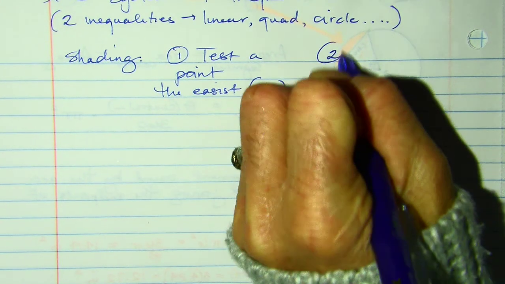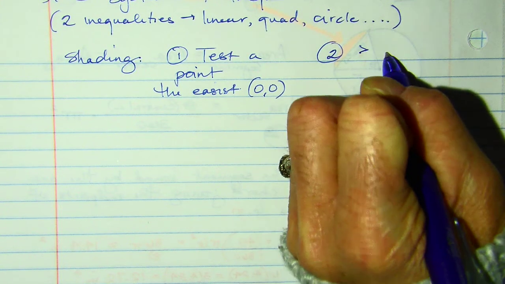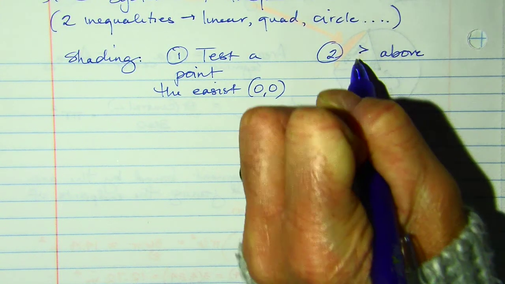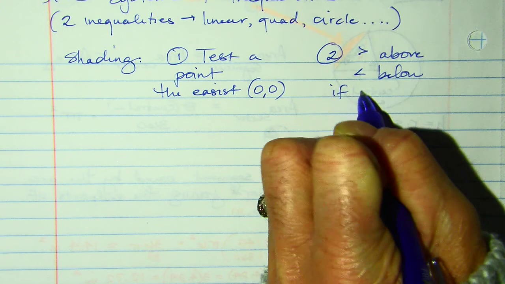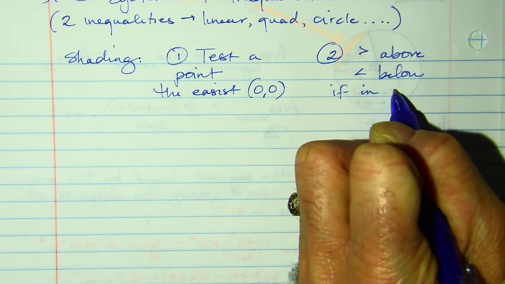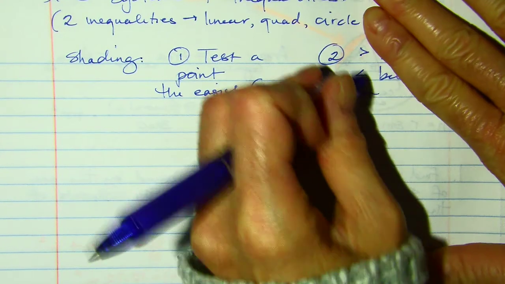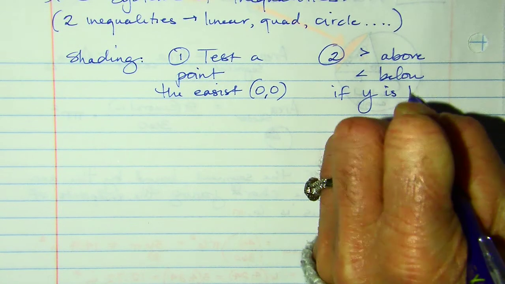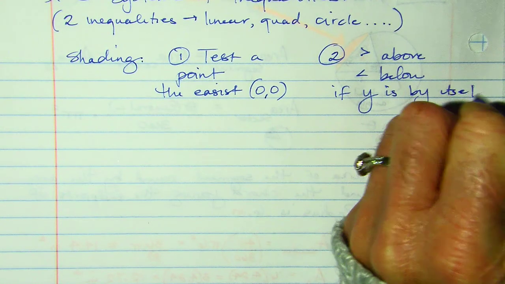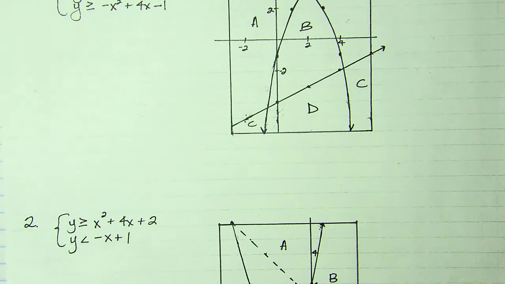Method 2 is greater than, you shade above, and less than, you shade below, if y is by itself. So I'm going to do both methods.